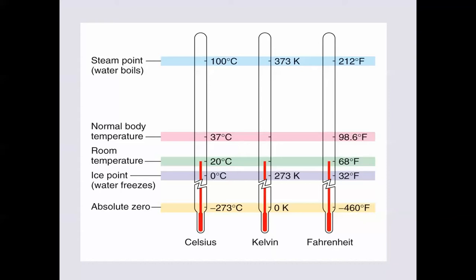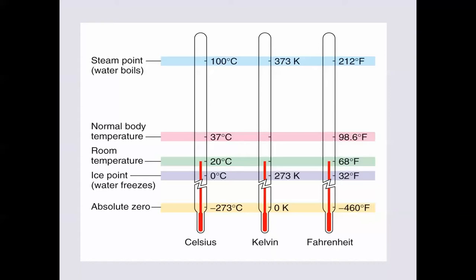Now let's look at how these 3 scales compare with each other. We start by noting where the freezing point and the boiling point of water at standard atmospheric pressure are fixed on each scale. The Celsius scale is fixed so that water freezes at 0 degrees and boils at 100 degrees. There's an interval of 100 Celsius degrees between the freezing and boiling of water.